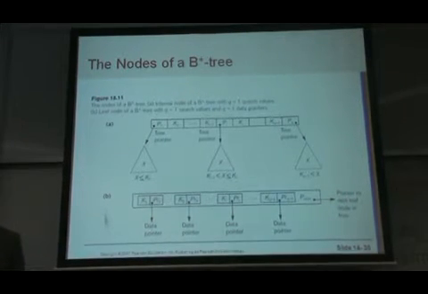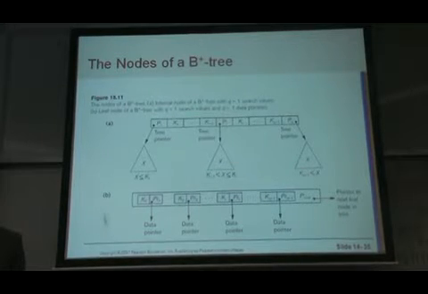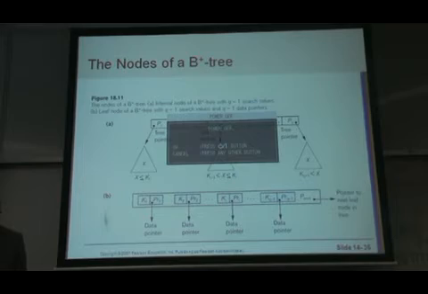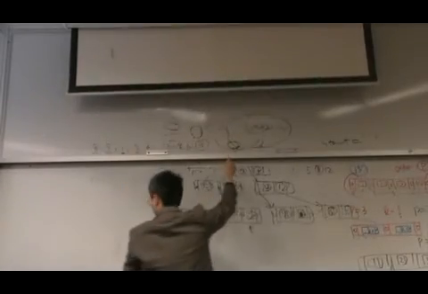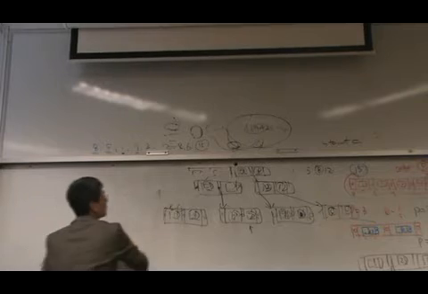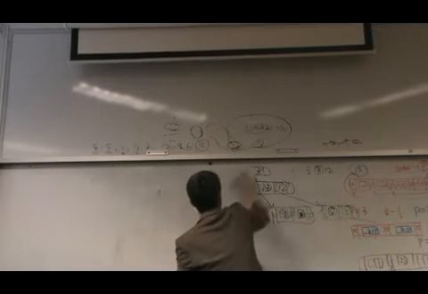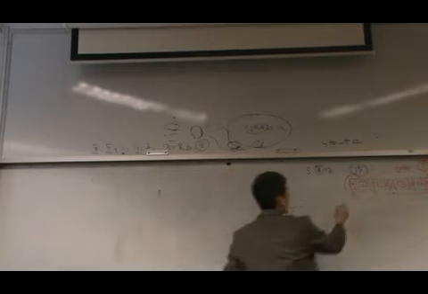Before that, in this case, B plus tree, we have two types of node.